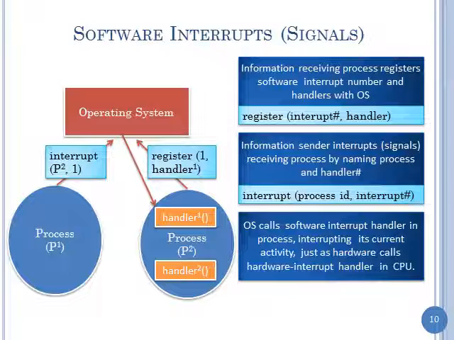Why might a process be interrupted? I mean, why did this idea first come about? Think of the example I just gave. What is kill really? Kill is sending signal number 9, that's in Unix at least.